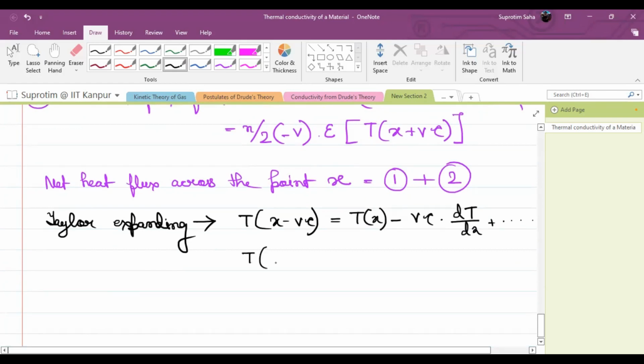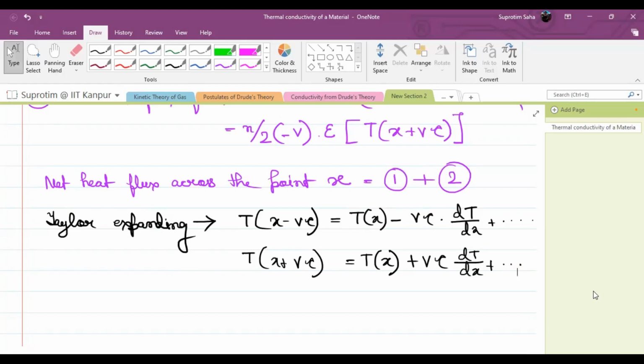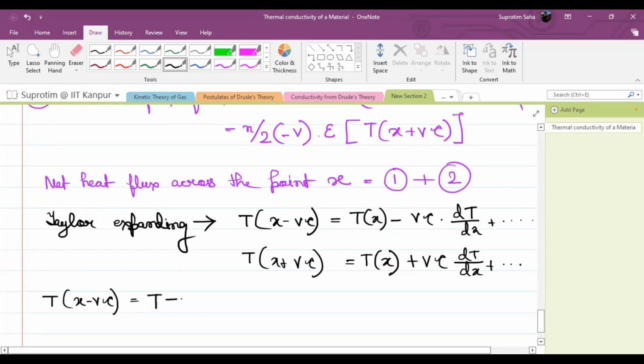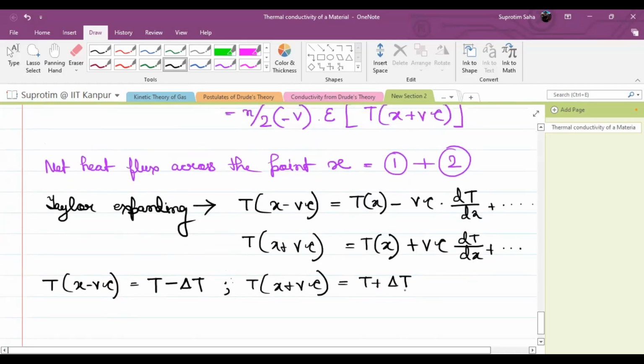Similarly, T of x plus v tau will be given by T of x plus v tau times dT/dx, also ignoring the higher order terms. Let us denote x minus v tau as T minus delta T. I am omitting the x dependence here because it's there, but I'm not writing it. And T of x plus v tau will be given by T plus delta T. This is the extra temperature.